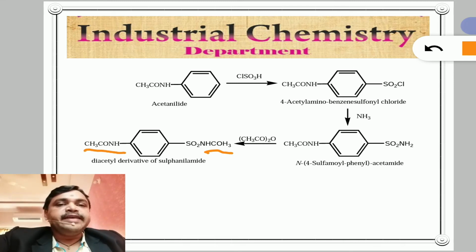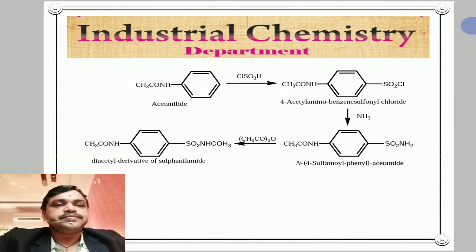We say the sulfonamide group SO2NH2, so this compound is a diacetyl derivative of sulfonamide.